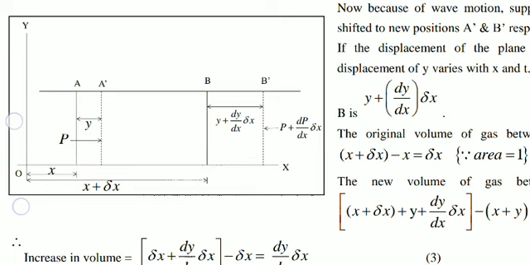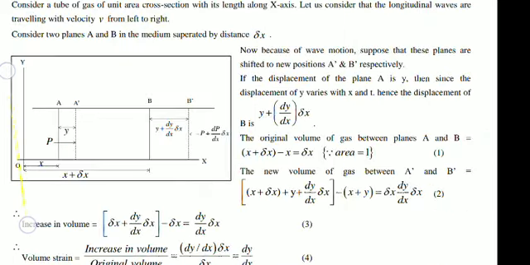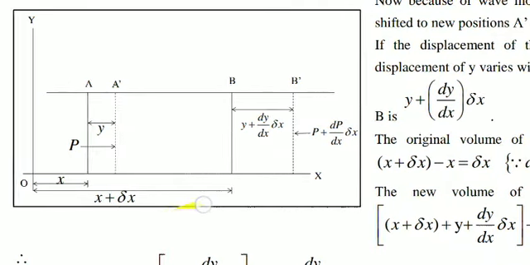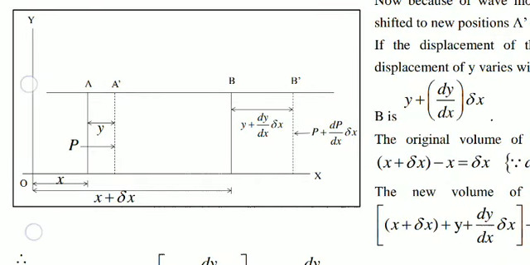Whether the sound wave is propagating or not, the gaseous particles will be there. So we are considering a section of the gaseous medium represented by the letters A and B. The plane A of the gaseous medium is at a distance of x from a certain origin, and the plane B is at a distance of x plus dx from the origin.